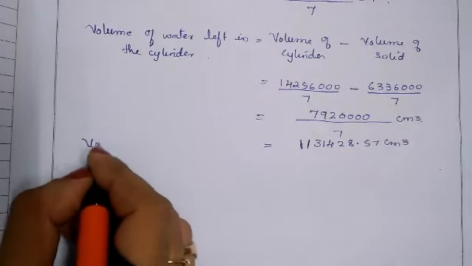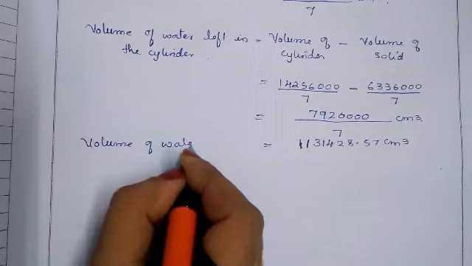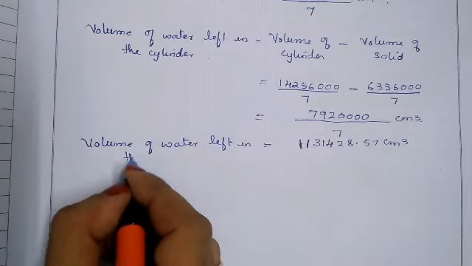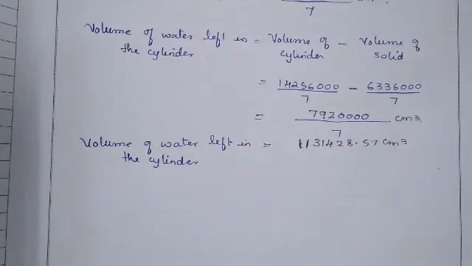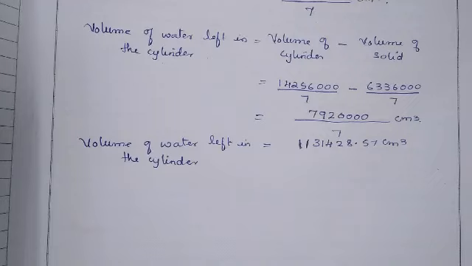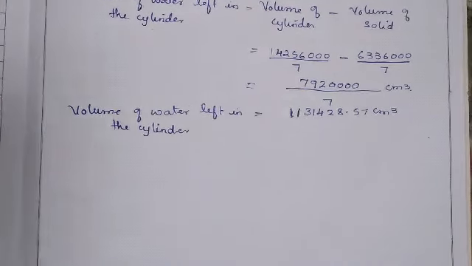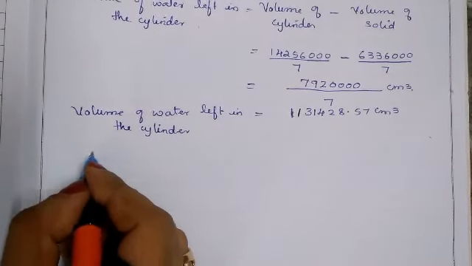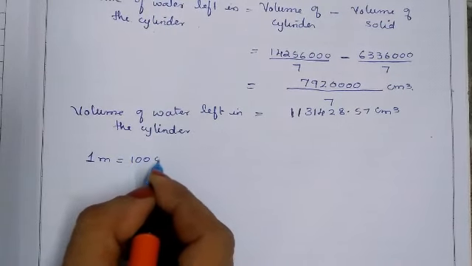So let me write, this is the volume of water left in the cylinder. We got the answer. But at the back of the textbook it is given in meter cube. It is given in centimeter. We have to write in meter cube. We know that 1 meter is nothing but 100 centimeter.